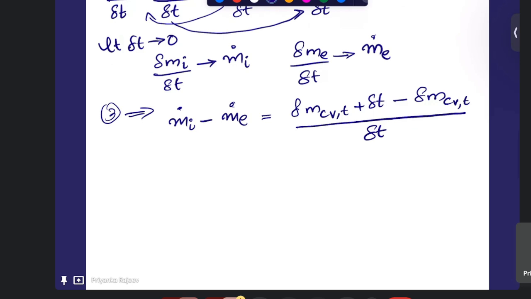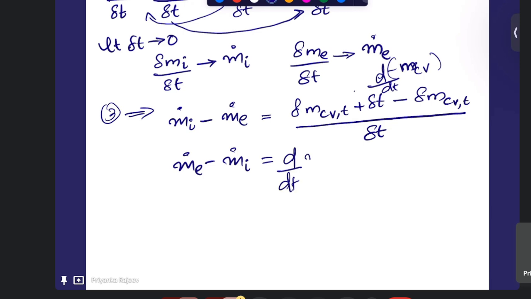In other words, we can say Me dot minus Mi dot equal to the other way around. This term I can take as d by dt of MCV, so here it will come as d by dt of m.